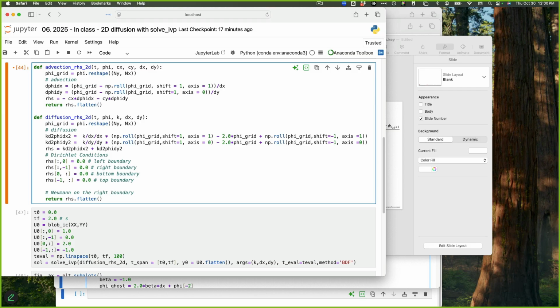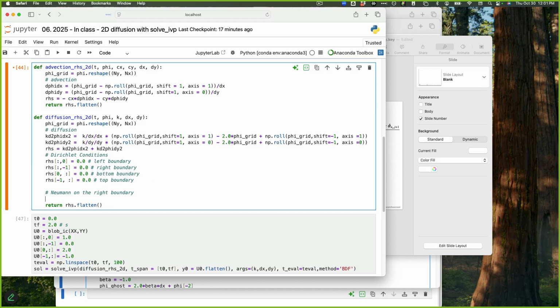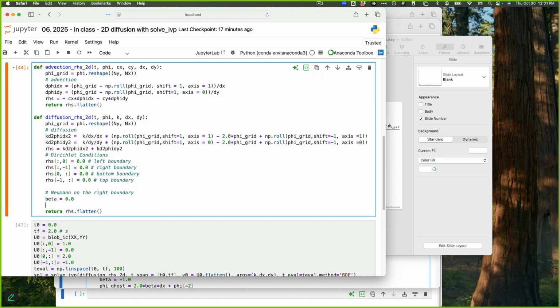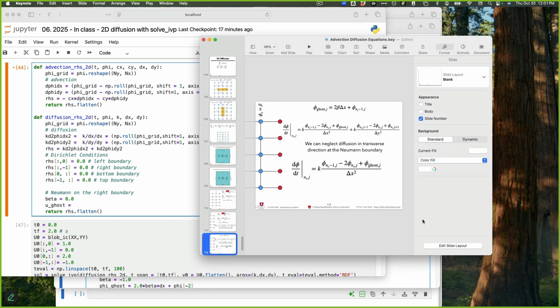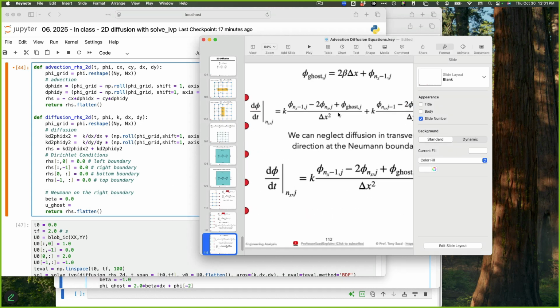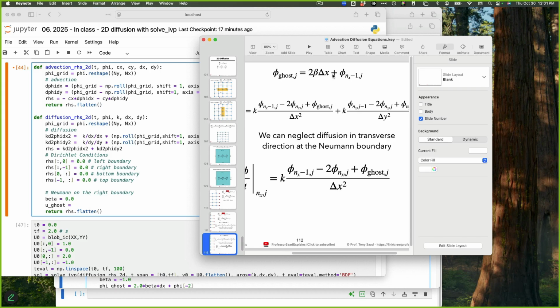Now we can copy this from whatever we did in the 1D case. So my beta, let's say, is equal to 0 or 1. Actually I want to put it equal to 0 because I want to show you something. Then my u ghost is going to be, if you remember the discretization here, my phi ghost was 2 beta delta x plus the first interior point at all j values.